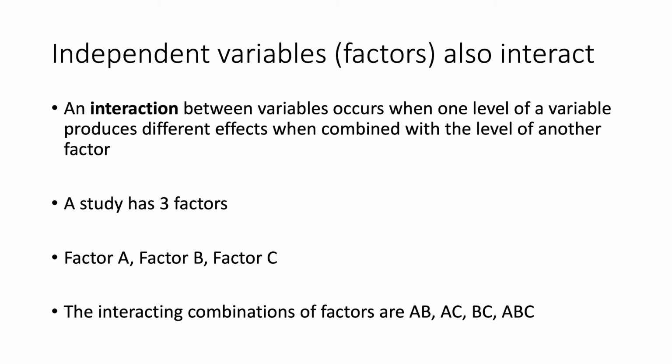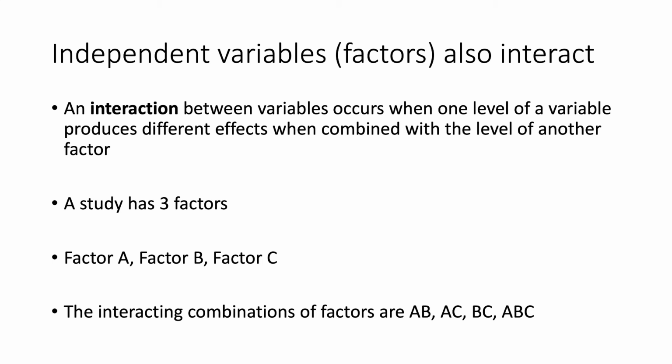So an interaction between variables occurs when one level, right, of a variable produces different effects when combined with a level of another factor or variable. So that's the definition. Please read over that and try and imagine what it means.